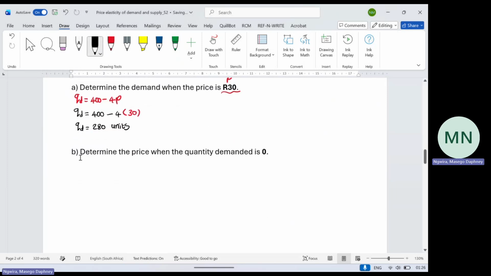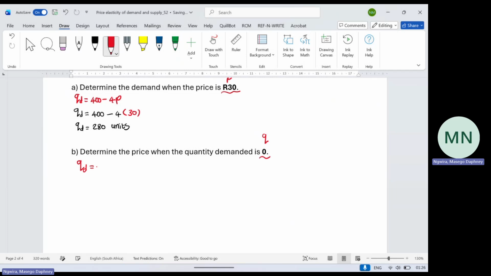And then we move on to B. B says determine the price when the quantity demanded is 0. So this means that when your Q is 0, we have to determine the price. So we're looking for P now. We're still using the formula for the demand because we're talking about quantity demanded.